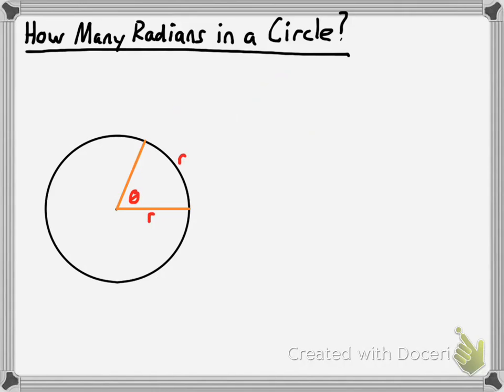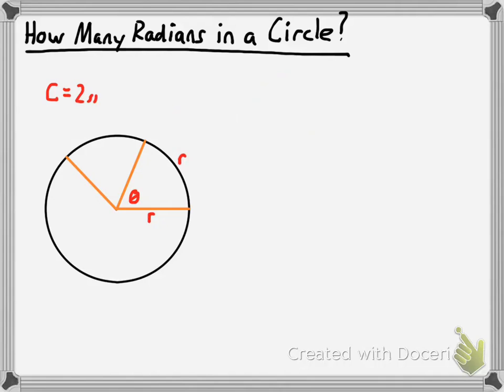Okay, so if I keep adding 1 radian and another radian, how far around am I going to make it? Now, it turns out the answer to that question is hidden within a formula that you have used quite a lot in your lifetime. And I ask how many times the radius of a circle can fit around a circle. Well, hopefully one of the things you think of when you think of around a circle is the circumference of the circle. And that's the formula that has this answer hidden.